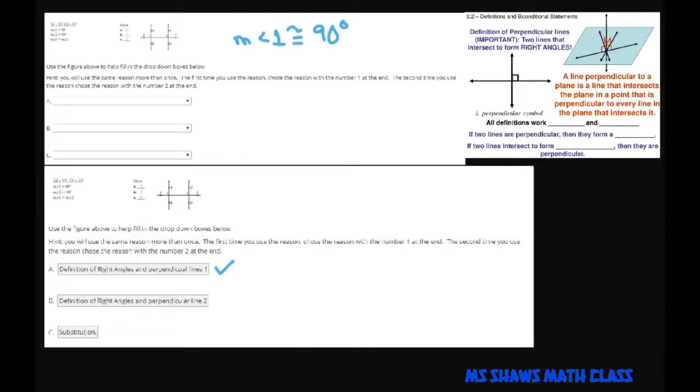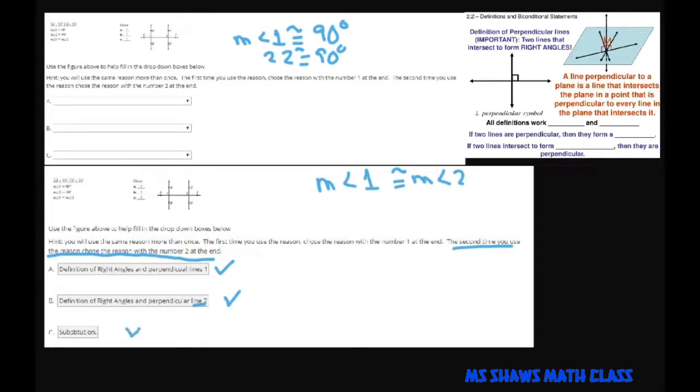All right. Then it says measure of angle 2 is congruent to 90 degrees. And what they want you to do on this is, if you're going to use the same definition, then you write that as number 2. So the second time you use the reason, choose the reason with number 2 at the end. And then we're going to substitute that measure of angle 1 is congruent to the measure of angle 2, or equals the measure of angle 2.